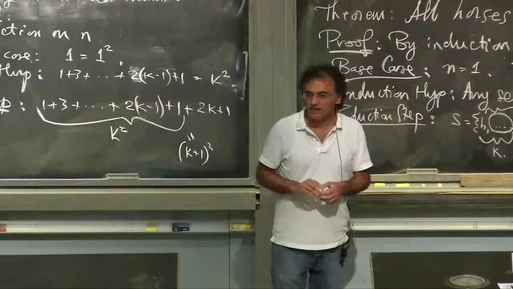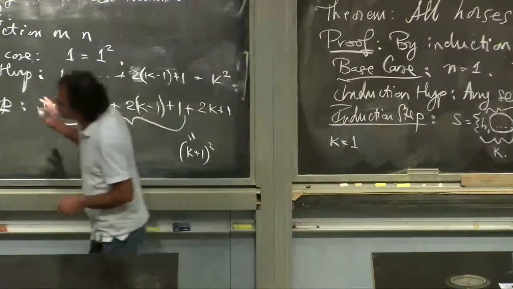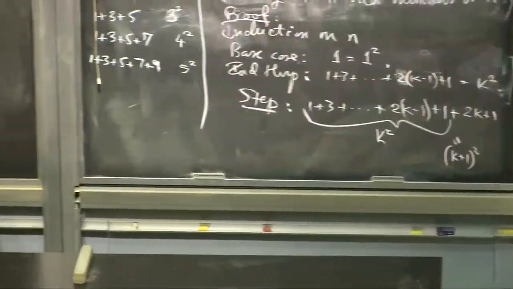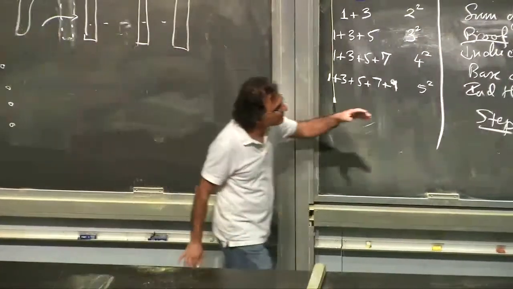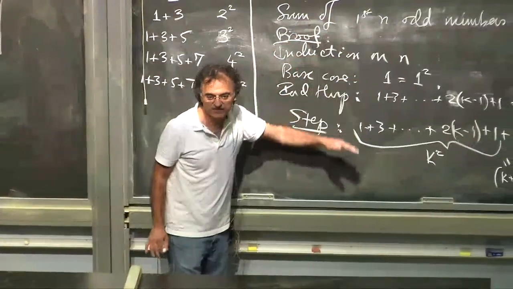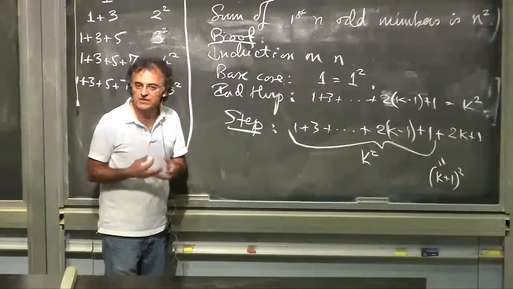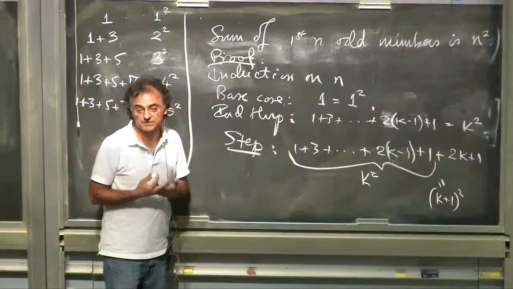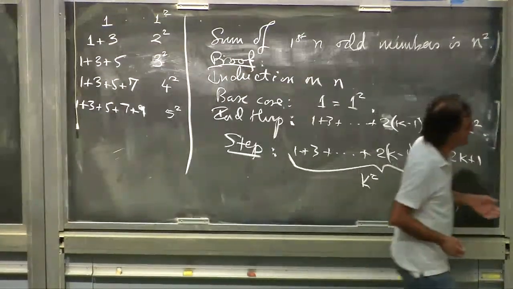Okay. So now, well, there's the picture aspect of it. Now let's go back and look at the proof aspect. So what are we doing when we are doing a proof by induction?